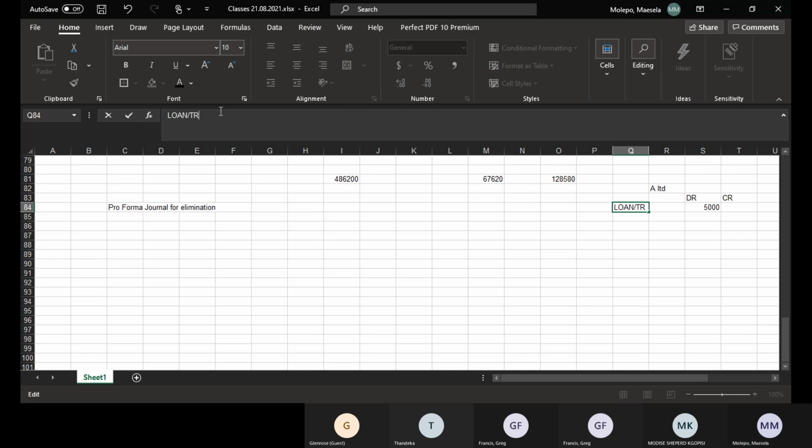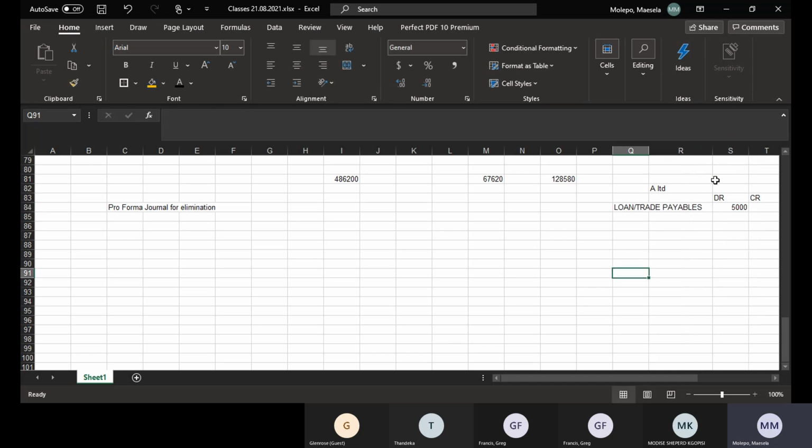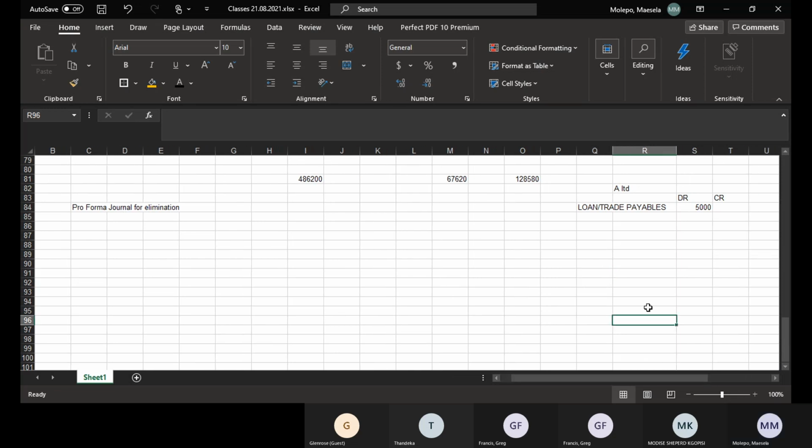Remember, normally trade payables increase on the credit side, but in this case, because we are reducing them, they will be on the debit side. And then the effect of the transaction, because he paid cash, is the bank of 5,000.